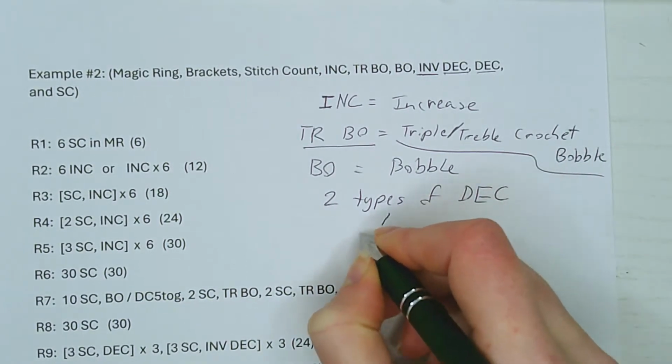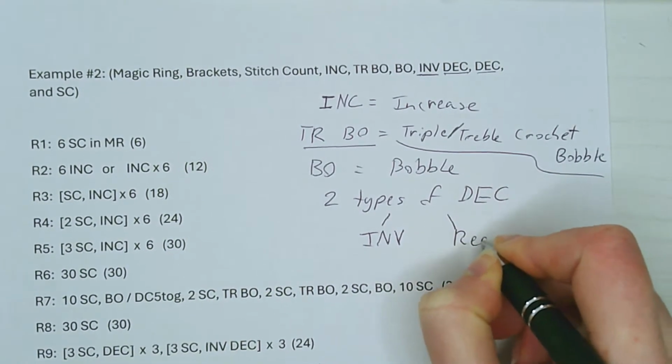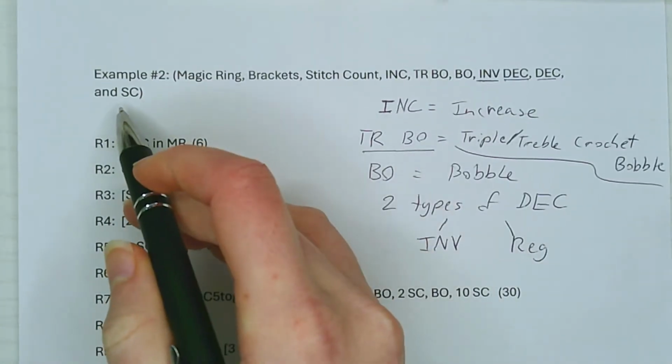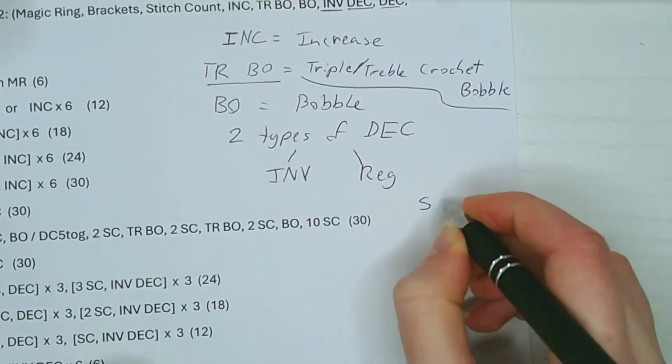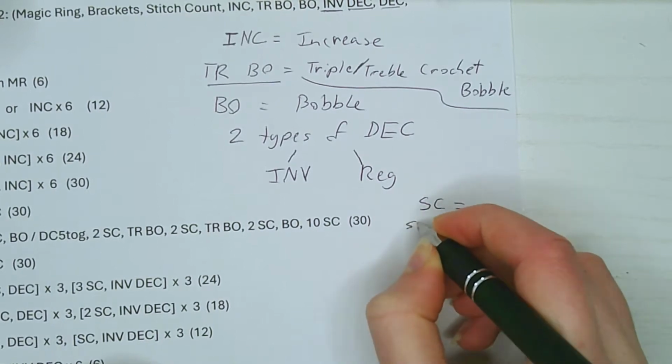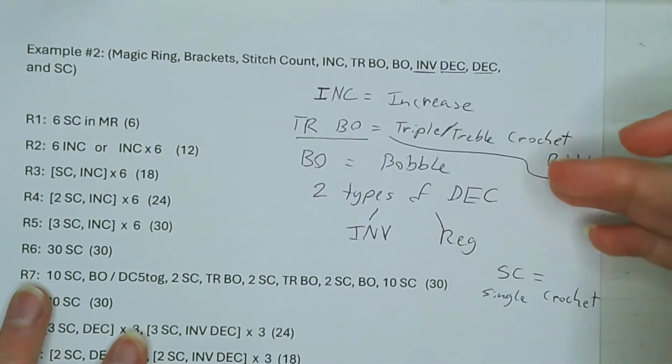You have invisible, and then you have the regular. Then the last definition would just be the single crochet. So SC stands for single crochet. So those are our definitions.